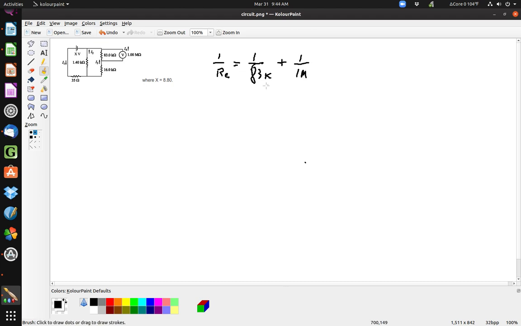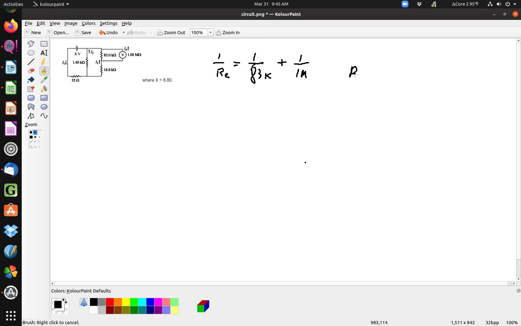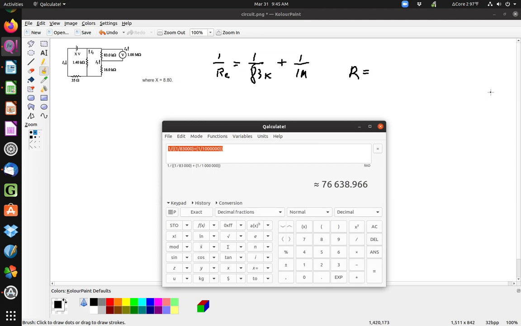Okay, so 83 kilo, that's going to be 83,000, and then 1 mega is 1 million. So let's find the R equivalent. So I get an R equivalent of 76,639.